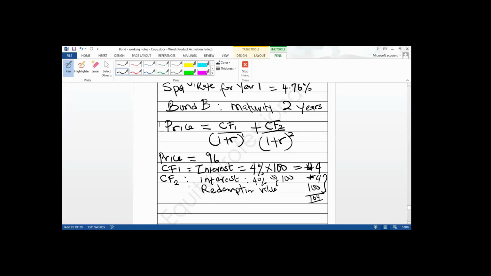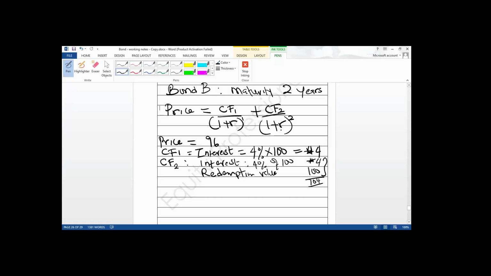We are trying to calculate R in year 2. The price is 96, which is equal to cash flow in year 1, 4 naira, divided by 1 plus R in year 1. The spot rate for year 1 has been calculated: 0.0476.